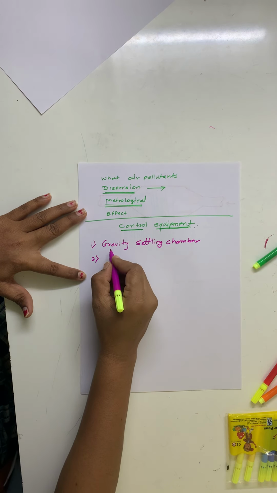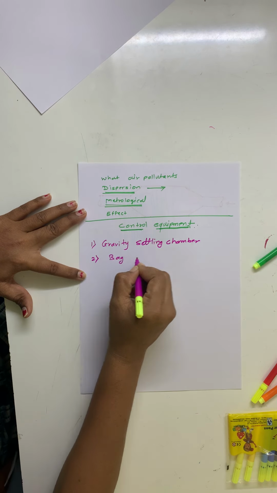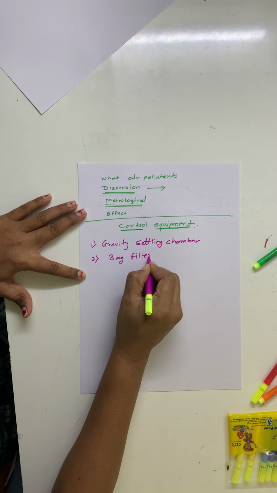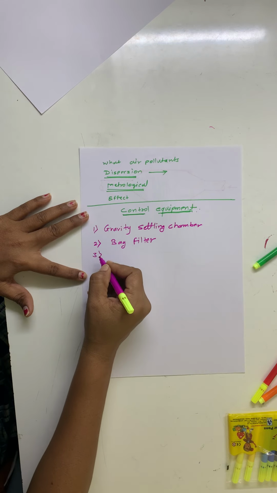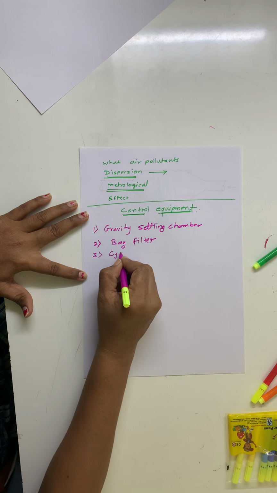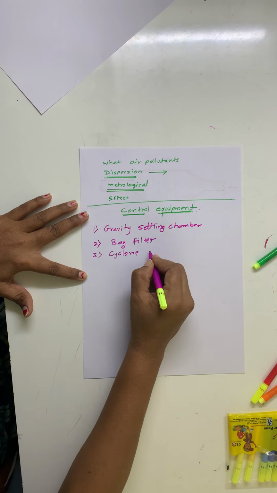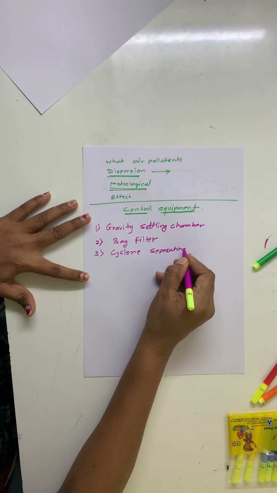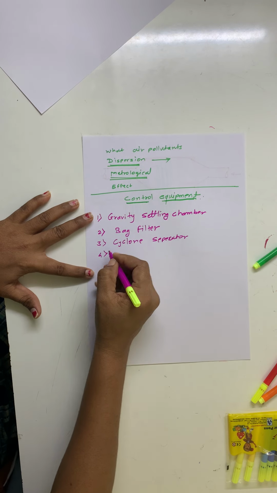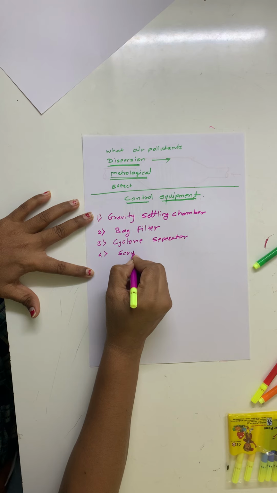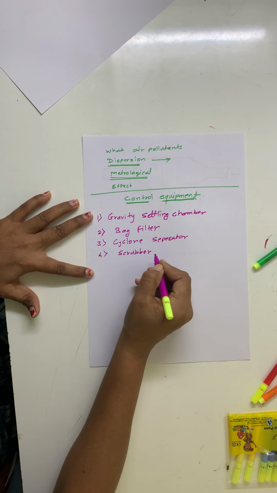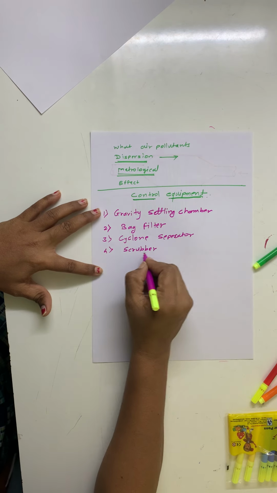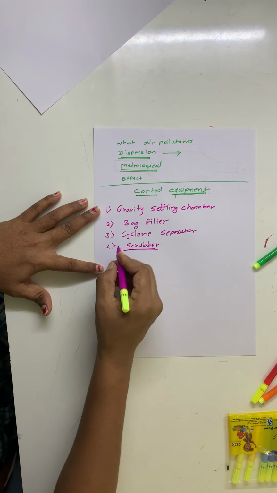Second one is the bag filter. Third one is the cyclone, or we can say cyclone separator. Then the fourth one is the scrubbers. Scrubber is basically used to remove the gaseous types of air pollutants.